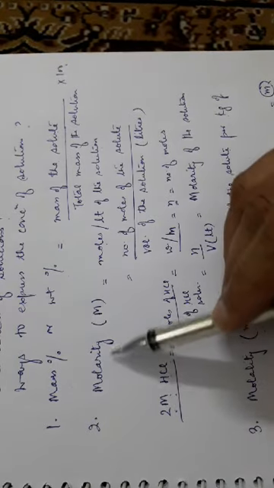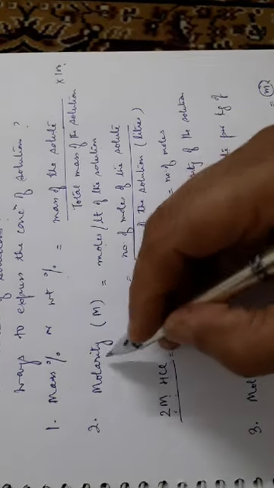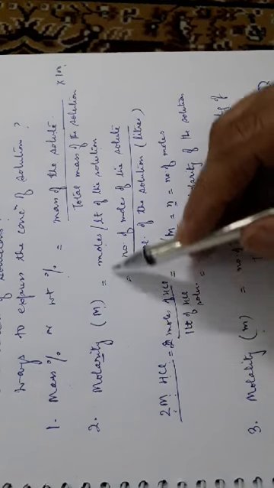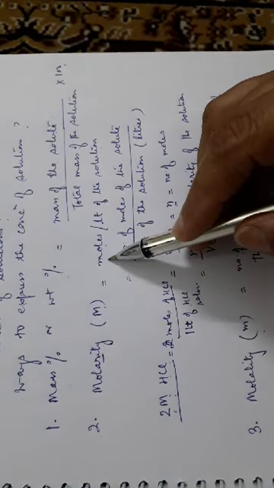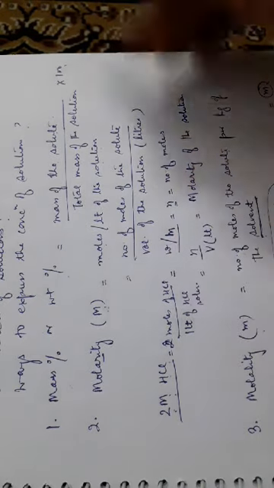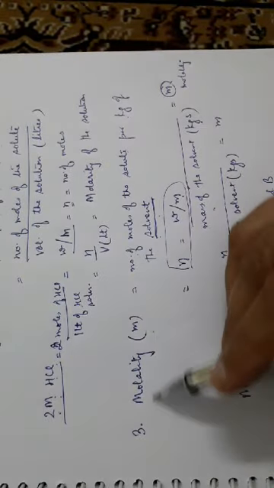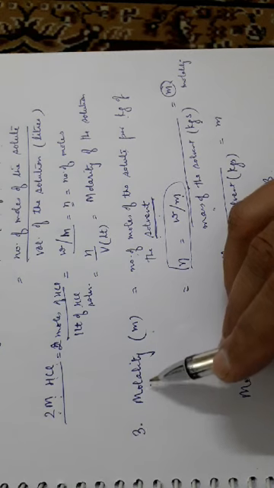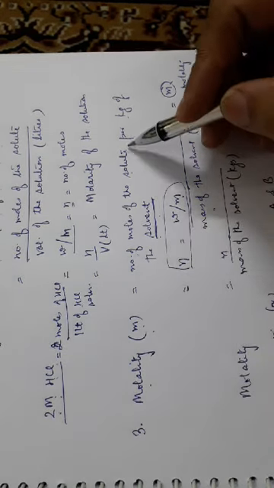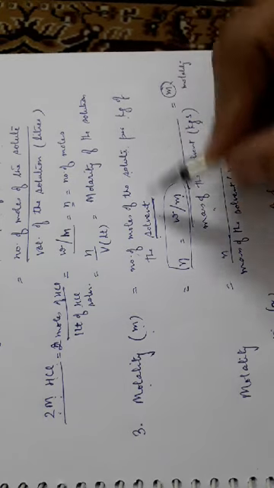The second way is molarity, represented as capital M. It is the number of moles of the solute per liter of the solution. Third way to express the concentration is molality, represented as small m. The number of moles of the solute per kg of the solvent.